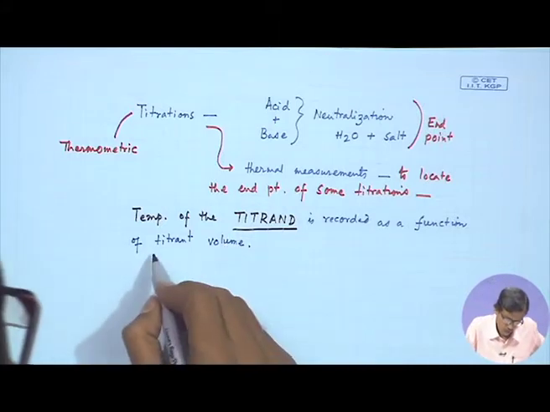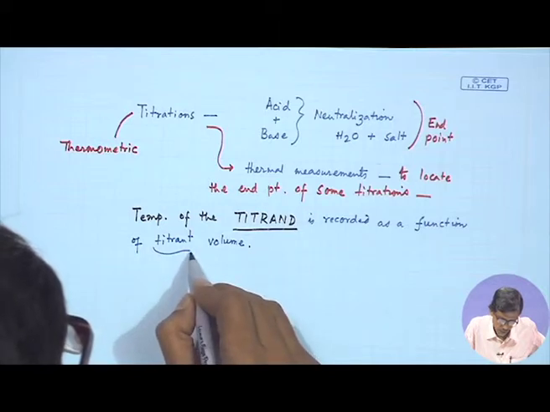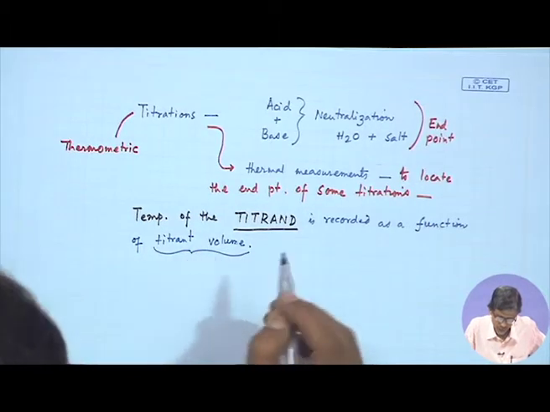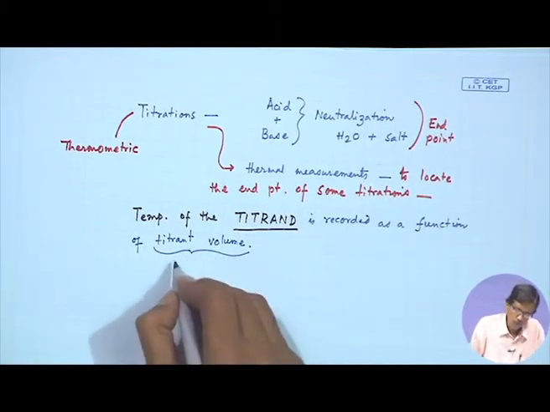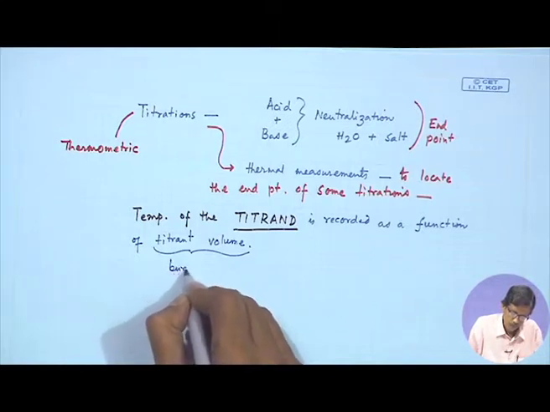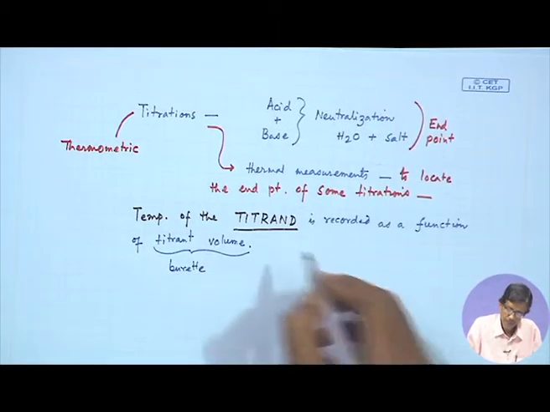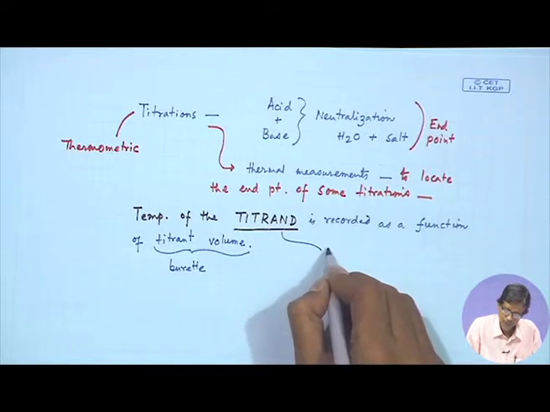We just go for this addition of volume from the burette, and we take something in the conical flask.